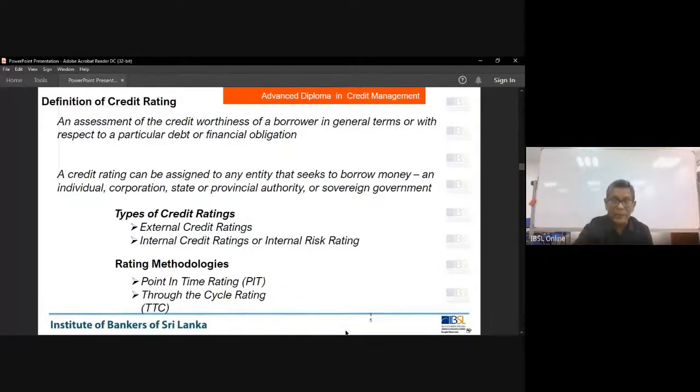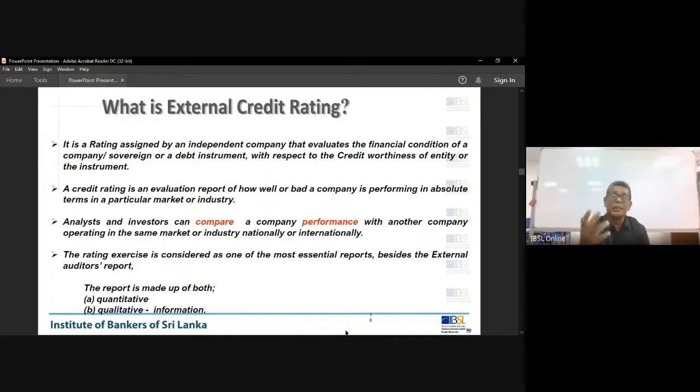Then there are two methods we're going to use: through the cycle rating and point in time rating. These are methodologies, and we don't want to go into detail to study how these financial institution instruments are rated by those international people. So what are external credit ratings?